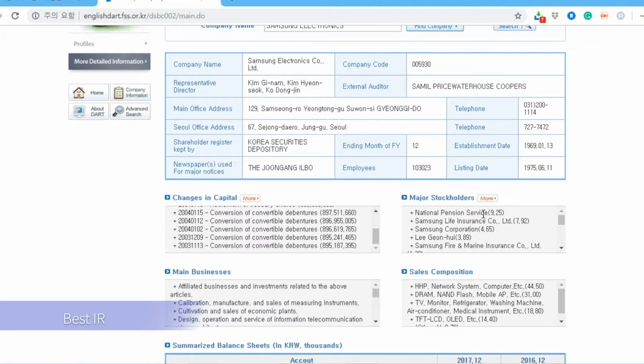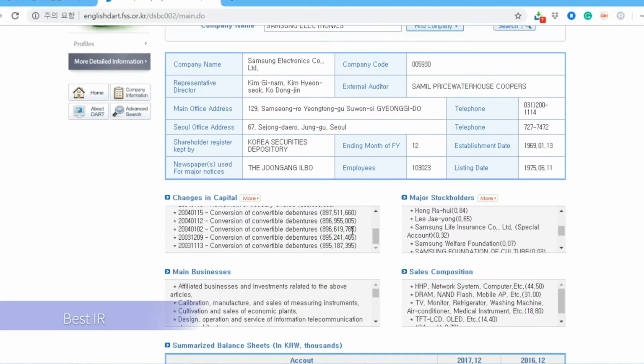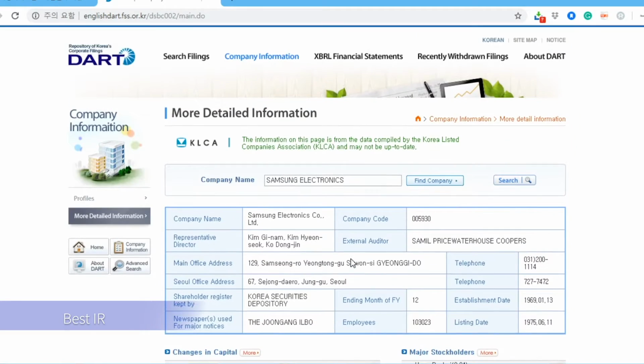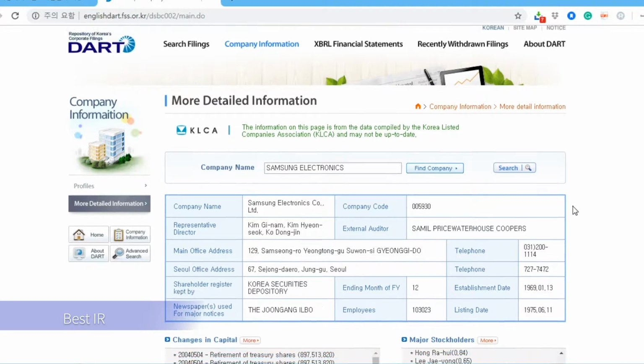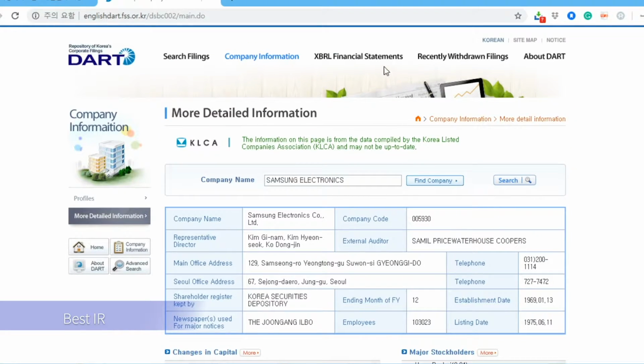The change in capital of major shareholders, but the information here is very outdated, I think. So I wouldn't recommend you to use anything here.